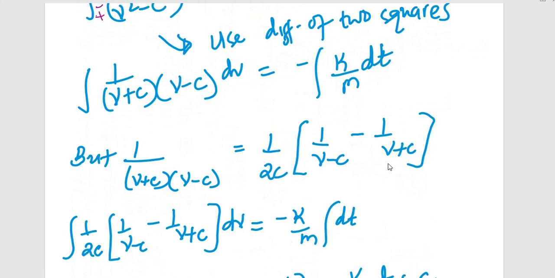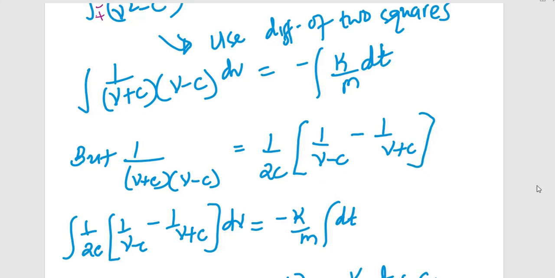Now, if we use partial fractions, you can try it out, partial fractions will give you 1 over (v plus c)(v minus c) equal to 1/(2c) times (1/(v minus c) minus 1/(v plus c)).